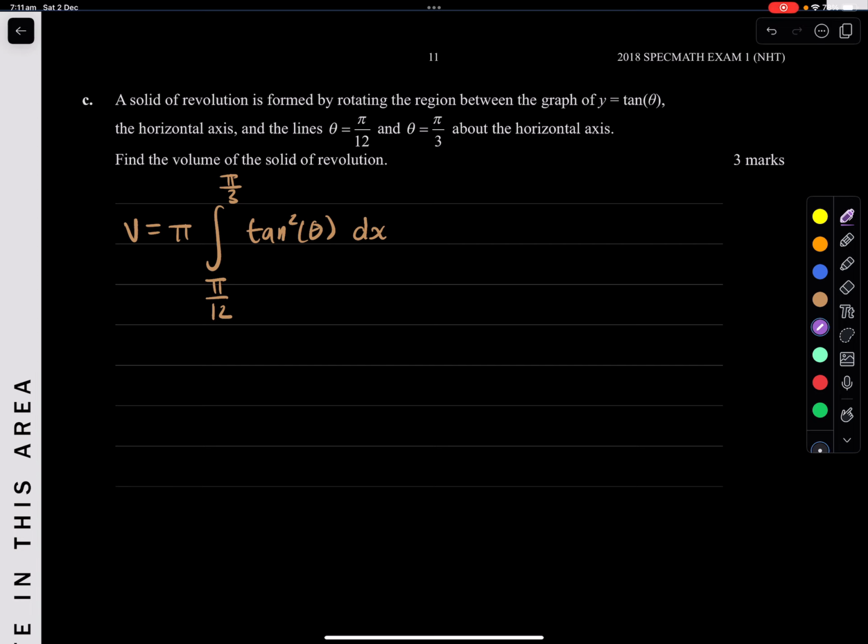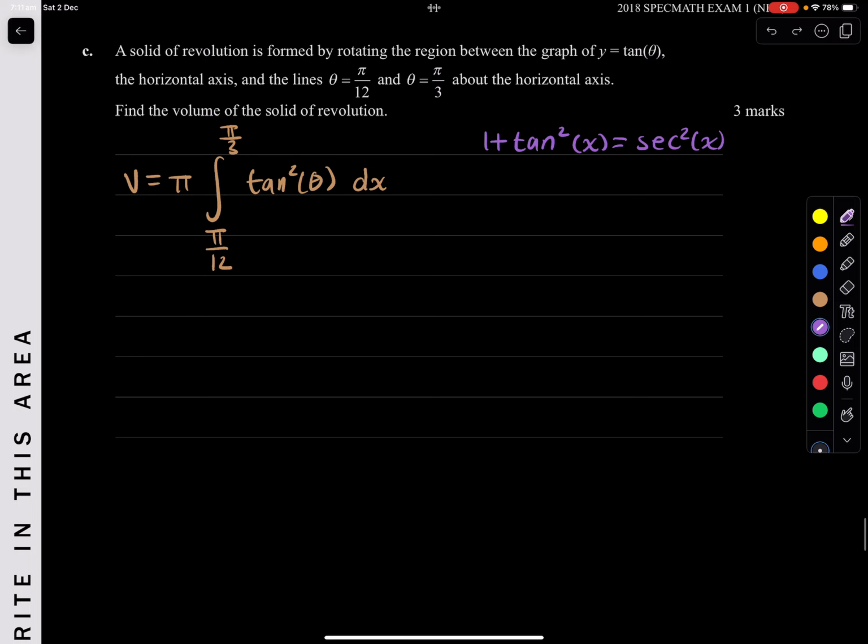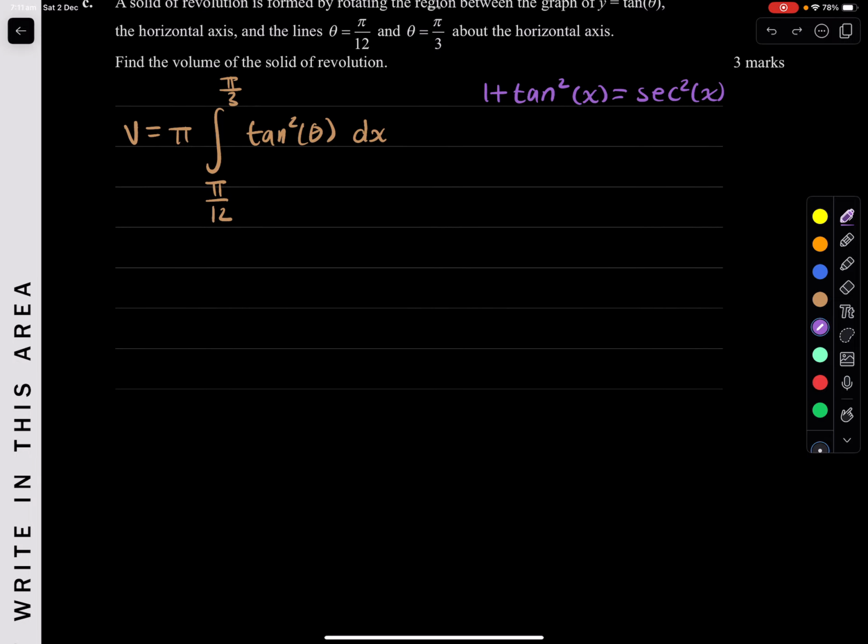Now, tan squared theta, well, we can rewrite that. Remember this expression? It's written in your formula sheet: 1 plus tan squared x is equal to secant squared x. Now, here, I can replace tan squared with secant squared x minus 1, and it should make integration easier.